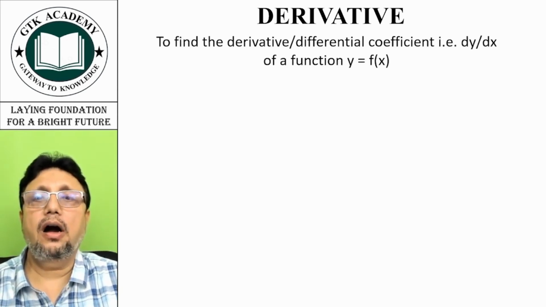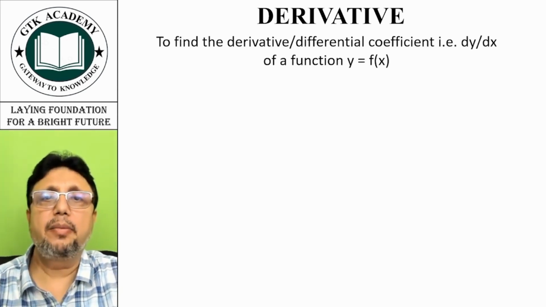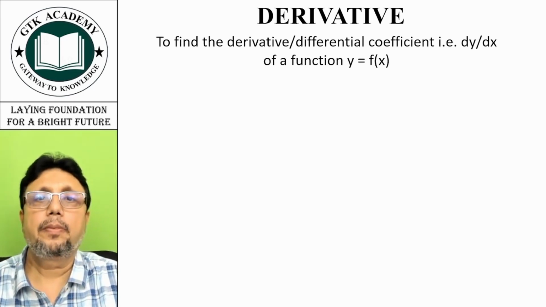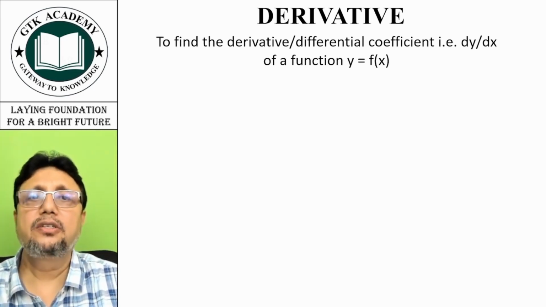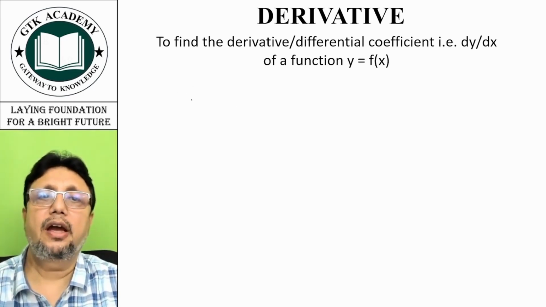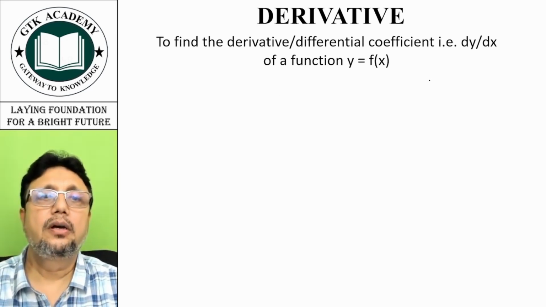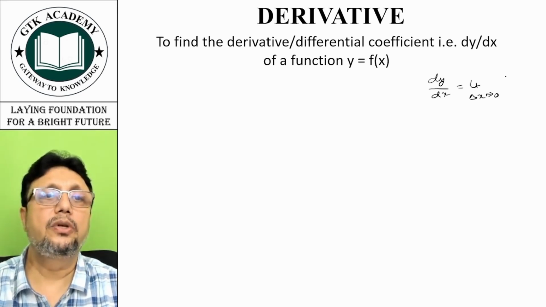Now, how to find dy by dx, that is the derivative or differential coefficient, of a function, say y is equal to f(x)? Now we already know dy by dx as per definition is equal to limit delta x tending to 0, delta y upon delta x.